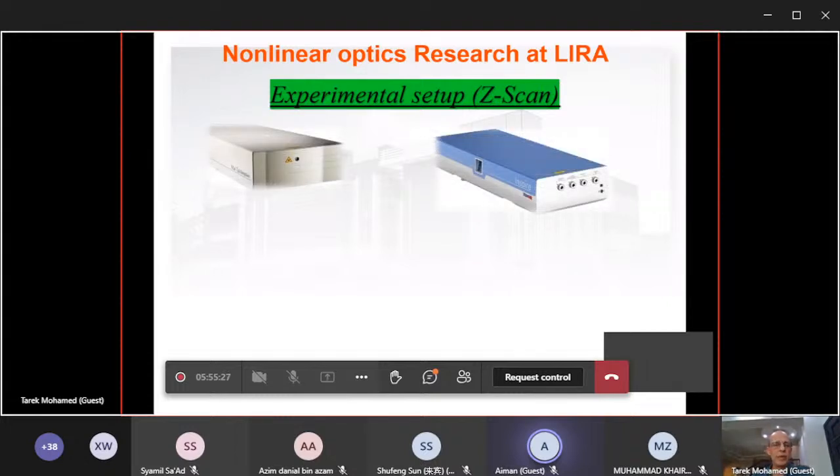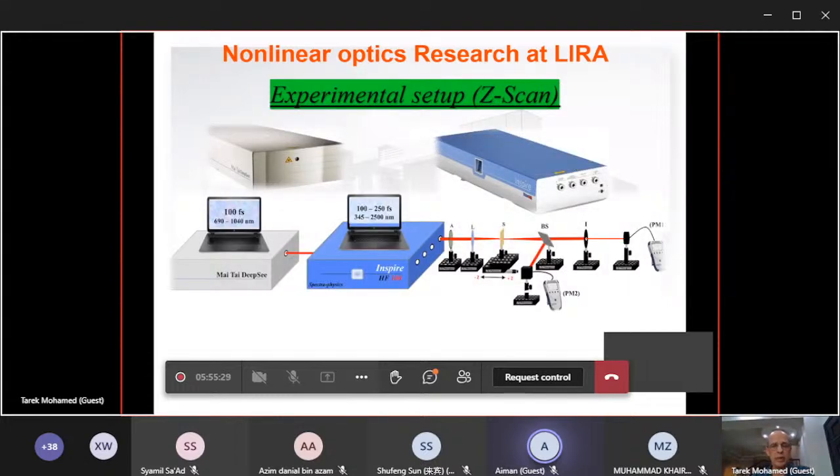We have a setup for doing these nonlinear optical property measurements. We have two lasers, MITI and Inspire, together, and we have the laser beam and the sample on a translation stage, so we can move it along the Z direction where the focus position changes. We record here, with power meter 2 or detector 2, the transmission.